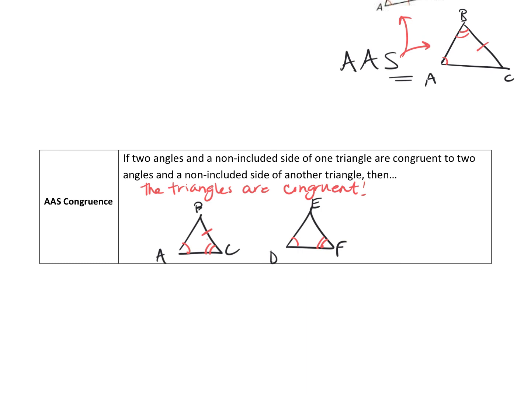Now over here, I have two non-included sides. If the same non-included side as over here is marked congruent, that would be side EF. Now we have angle, angle, side, so we can conclude that triangle ABC is congruent to triangle DEF.